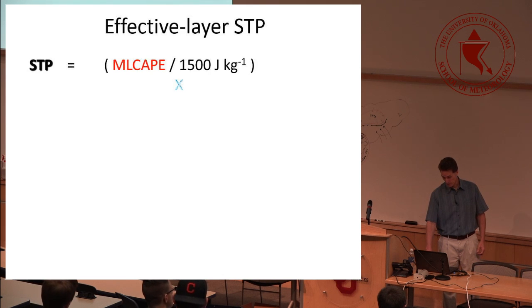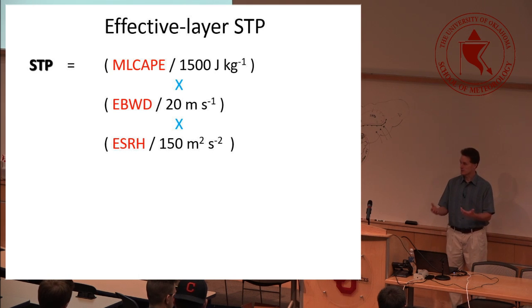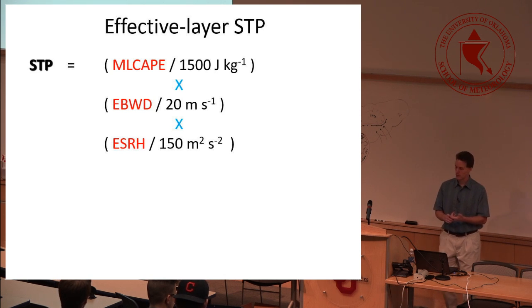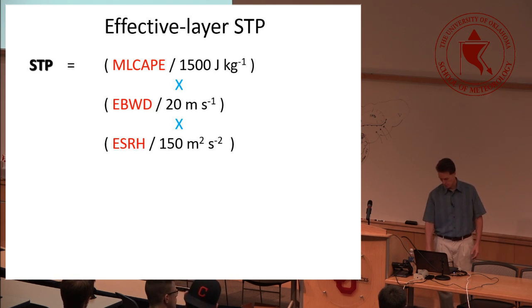So when we piece it all together, this first part looks an awful lot like the supercell composite. It's just instead of most unstable parcel CAPE, we're making sure we route the buoyancy down near the ground. We have exactly the same effective bulk wind difference term in there. The helicity term we normalize to a larger value because it's more important that we have strong rotation and a strong pressure perturbation close to the ground than it is in the background supercell process.